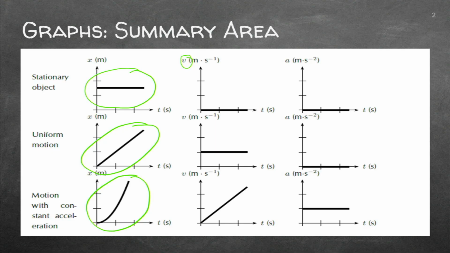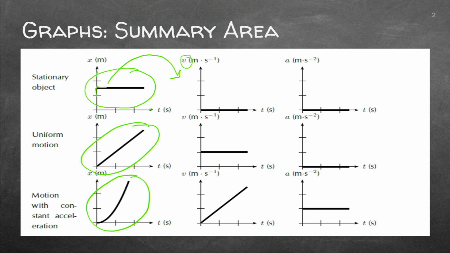I can actually draw from the data that I have there a velocity time graph. Can you recall how I get the velocity from a position time graph? Remember, we took the gradient: the gradient of the position time graph, the change in y over the change in x, to get the velocity.